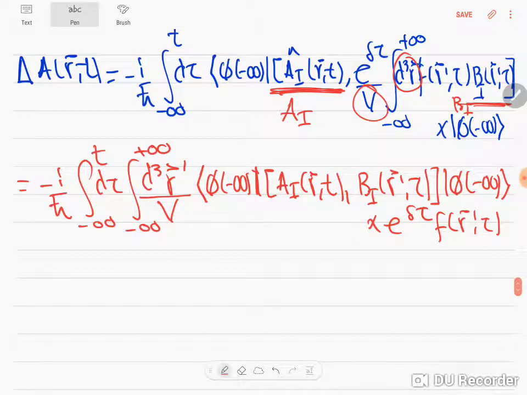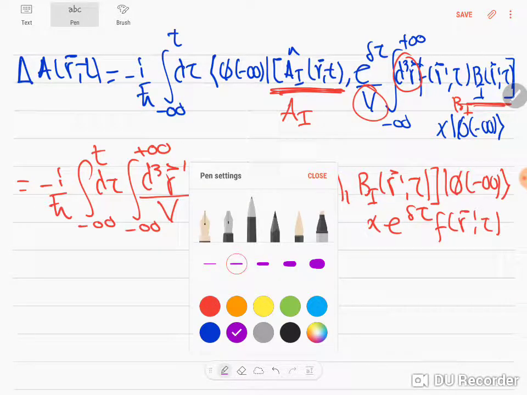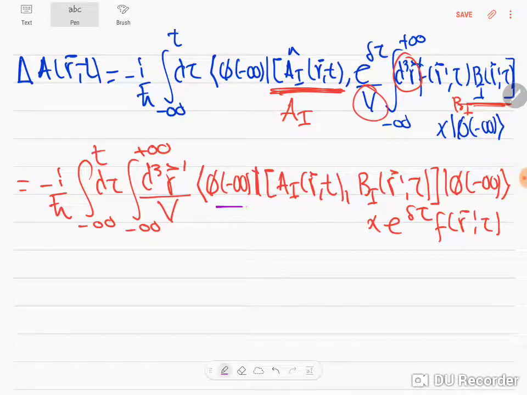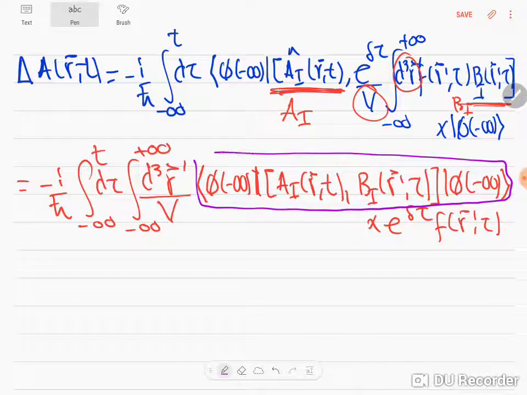We're almost done. So I'm going to adopt some form to calculate this expectation value, this amplitude. I'm going to adopt some equilibrium ensemble to do that. In the equilibrium ensemble I can write this expectation value in the following way.